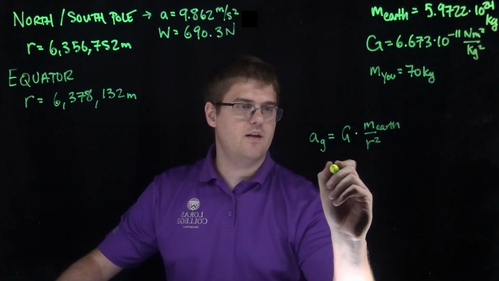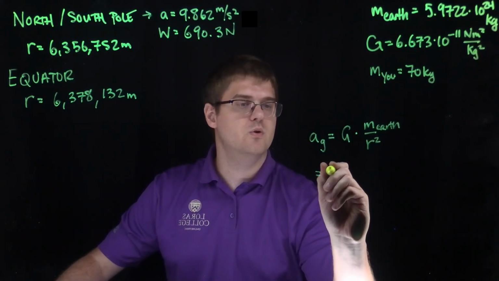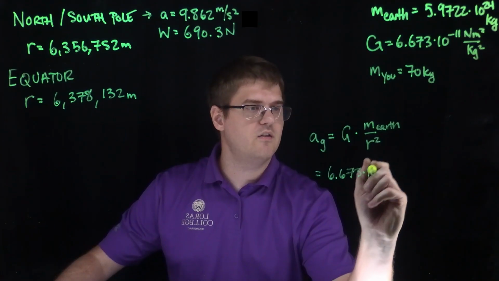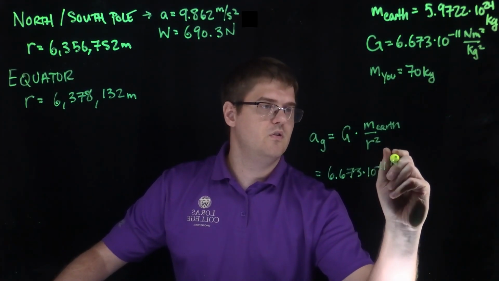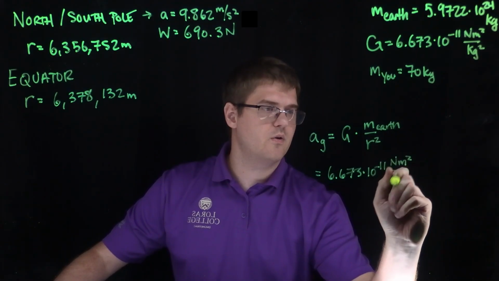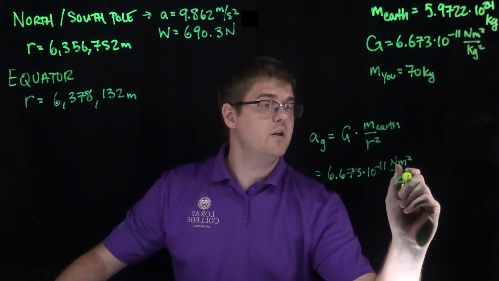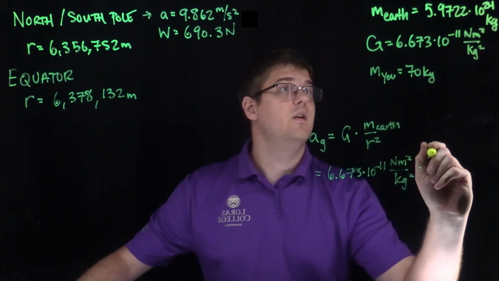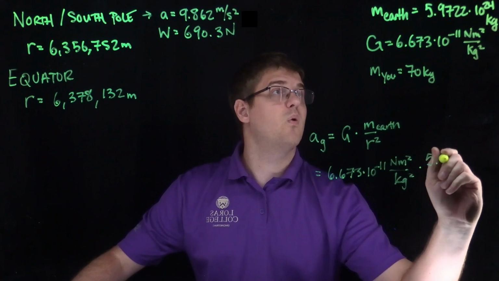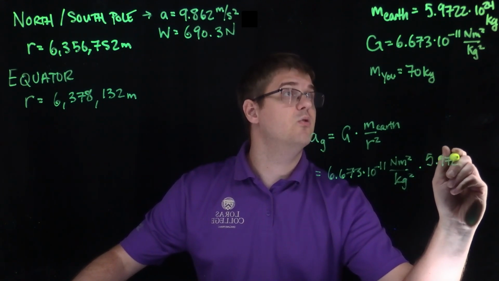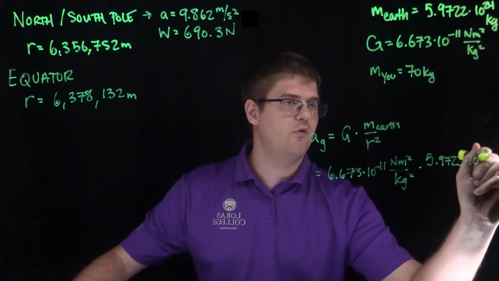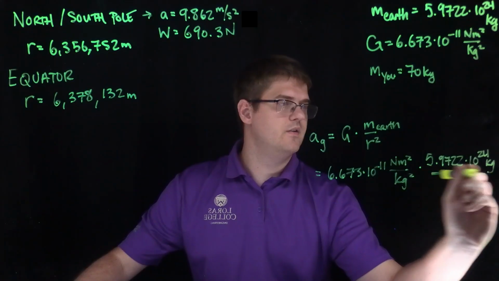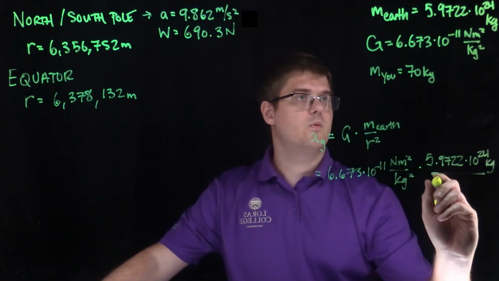We can say that this is going to be equal to 6.673 times 10 to the minus 11th Newton meter squared per kilogram squared times the mass of the Earth, 5.9722 times 10 to the 24th kilograms, divided by my radius squared.